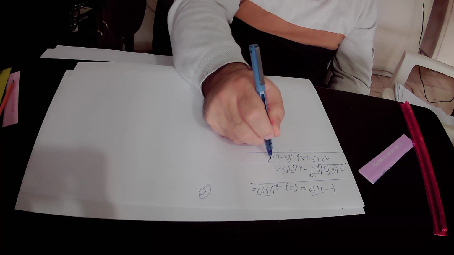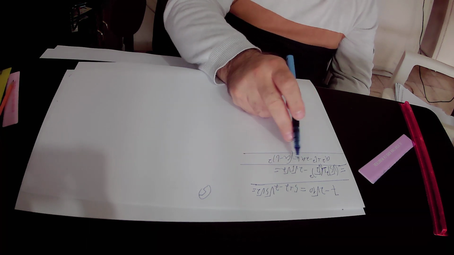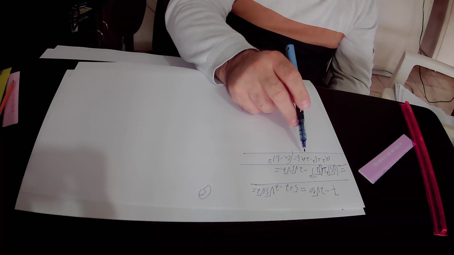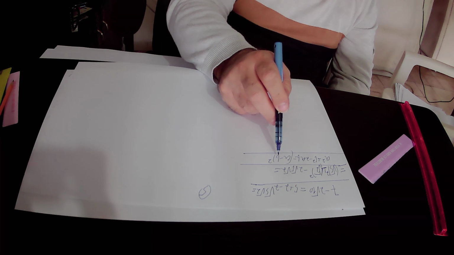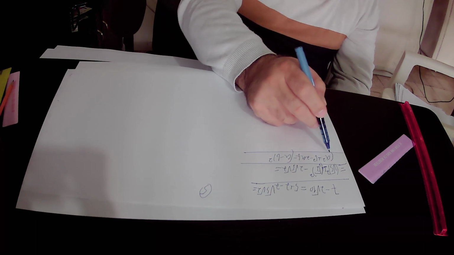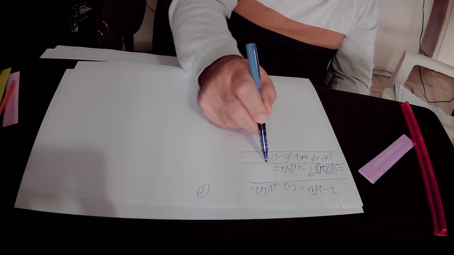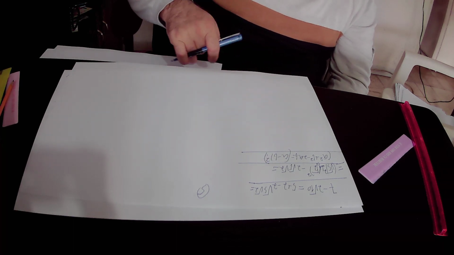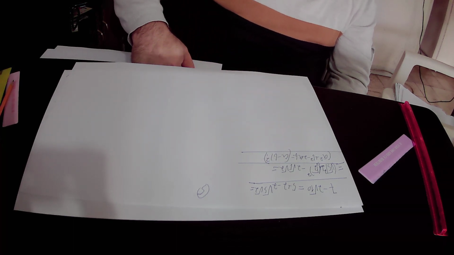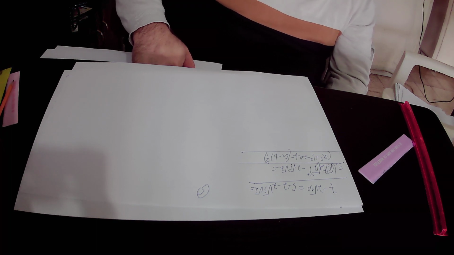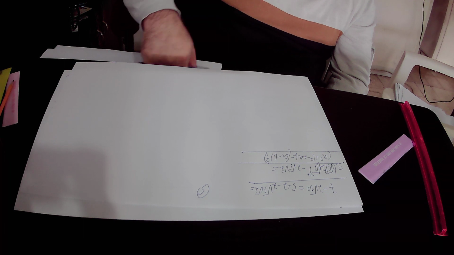I'll repeat again: this expression is very similar to the expression that a squared plus b squared minus 2 times ab equals (a minus b) squared. So according to this algebraic identity, we can substitute our expression by (a minus b) squared, where a equals square root of 5 and b equals square root of 2.